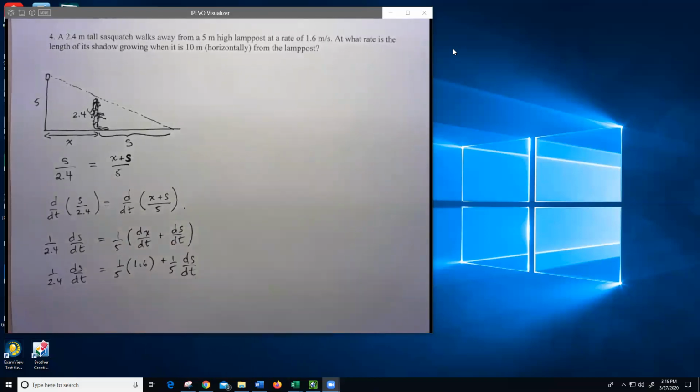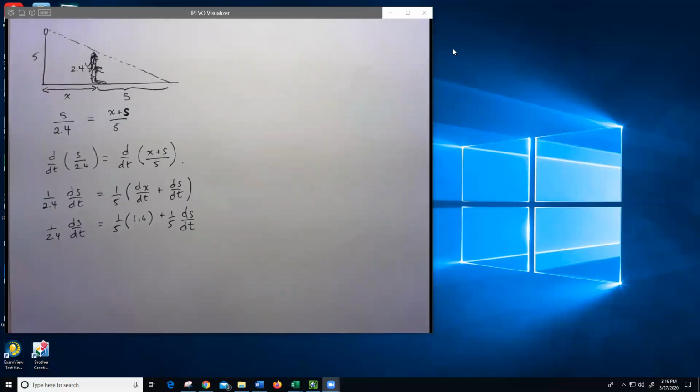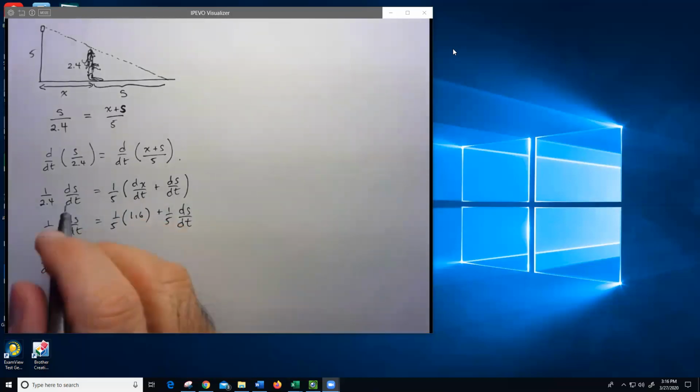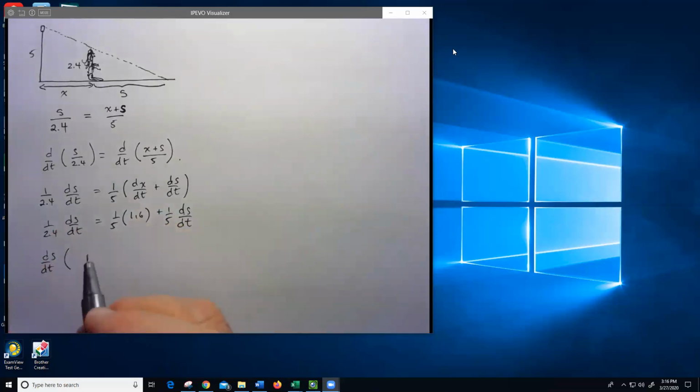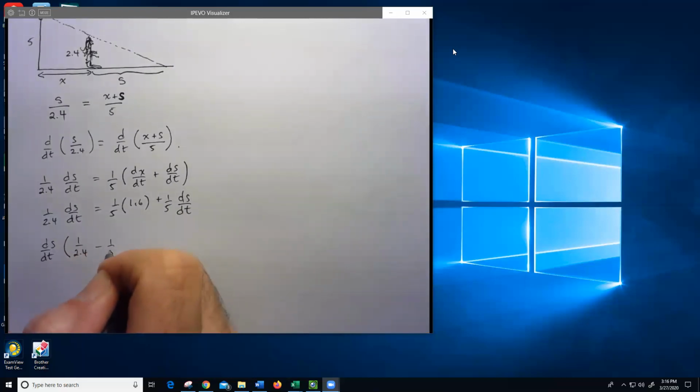Yeah, this definitely would have been nicer doing it the other way. And the last thing we have to do is bring together all the ds/dt's. So I'm going to bring that to the other side and factor it out. I'm going to skip the step and factor it out. What do I have? 1 over 2.4 minus 1 over 5.